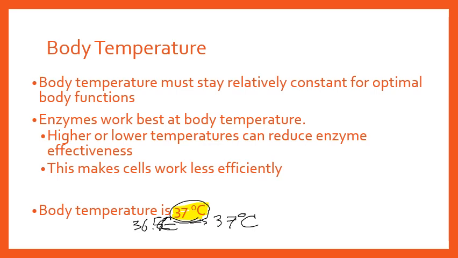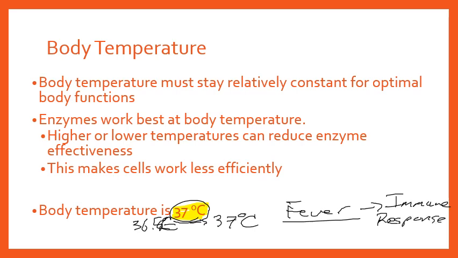If it is too high, it means you have a fever, and a fever is part of your immune response. It's actually your body fighting a disease. If it is too low, that's also not good. Too low, then you can also die. It's hypothermia. So remember, this is all due to enzymes.